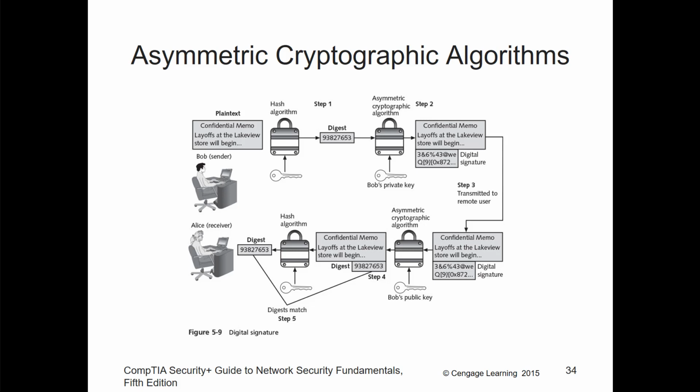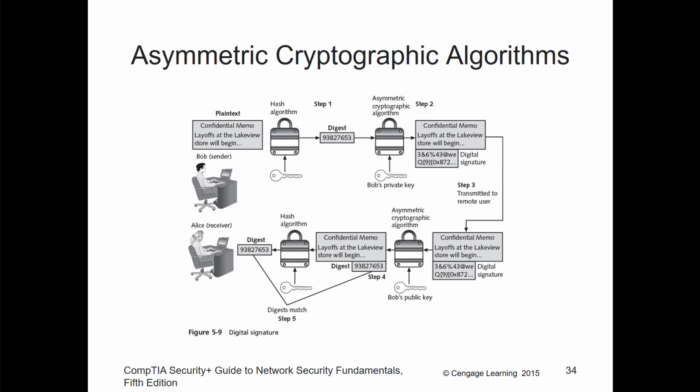Here we have a hashing algorithm. Let's go from Bob to Alice. Bob will hash it. We'll take the digest. We'll use Bob's private key to send it, and Alice uses Bob's public key.